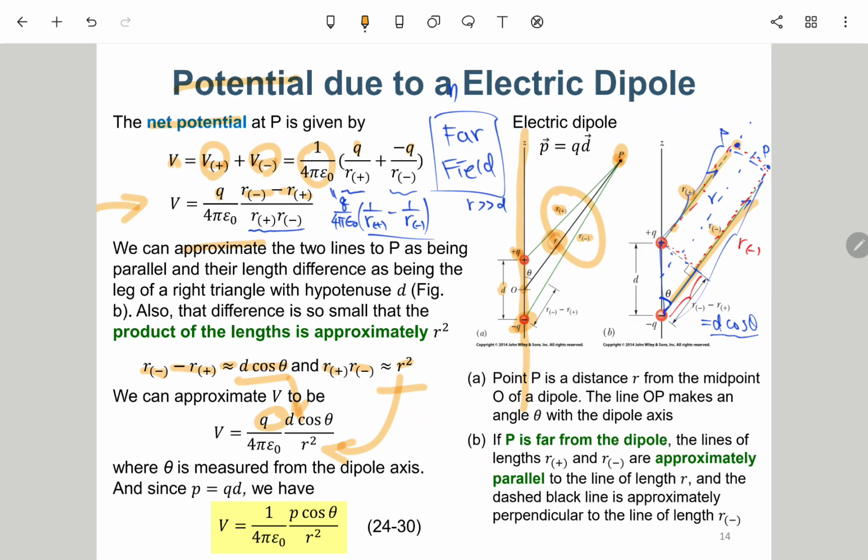So here we can just write it as K P cosine of theta over R squared. This is actually the potential generated by a dipole, as long as R is much larger than D, with the far field assumption.